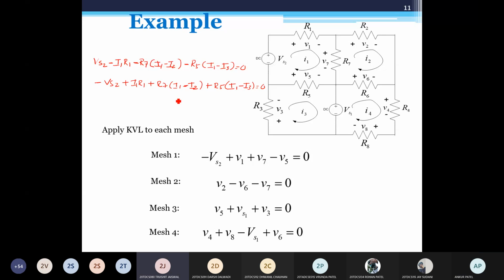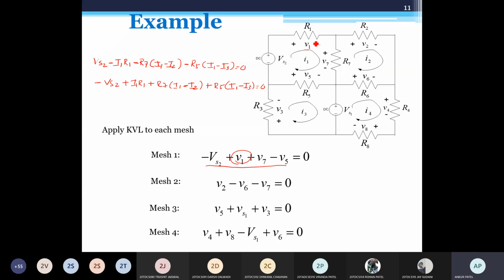So this equation is written like this. The minus sign is interchanged. Instead of this, V is nothing but the IR voltage drop, so you can also write V1, V7 and V5. After that, you can substitute V1 equal to what, V7 equal to what. Are you getting me?